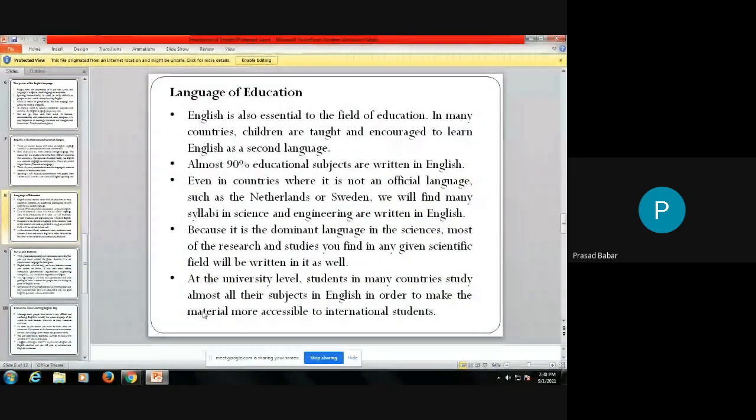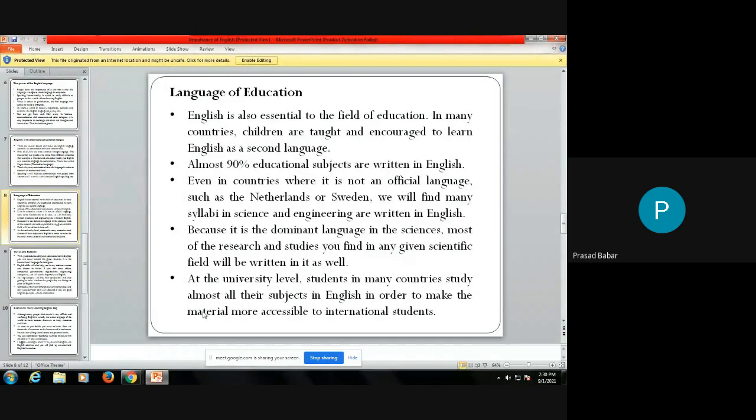Coming to the next slide, it is the language of education. So what is your language of education? In which language are you learning? It is in English language. The syllabus or curriculum of engineering is in English language.